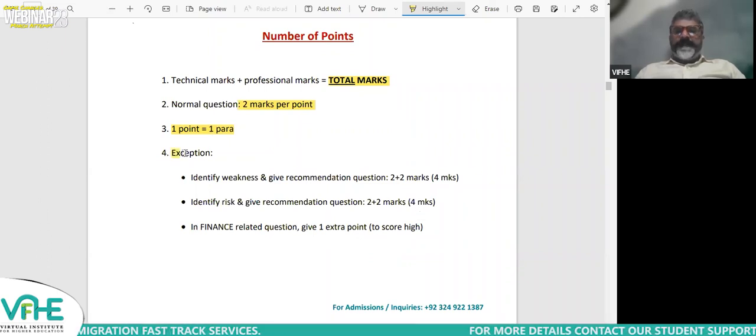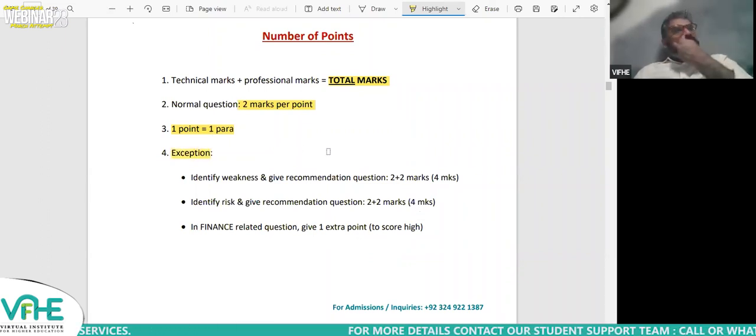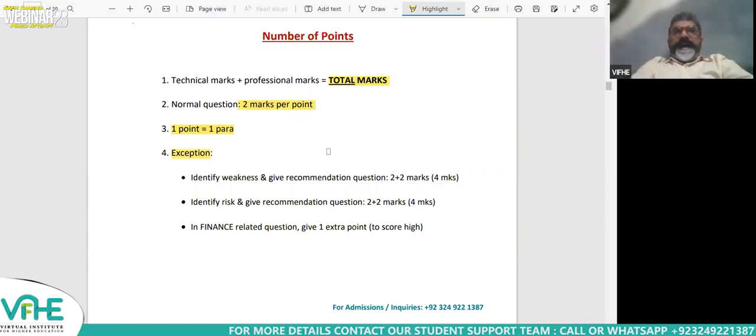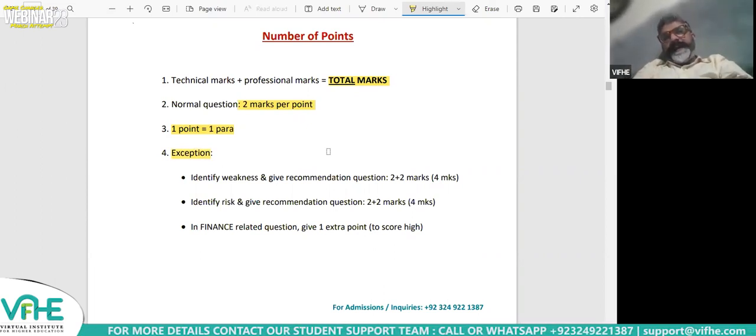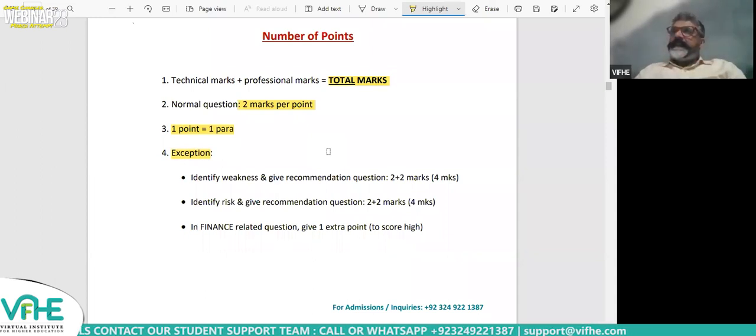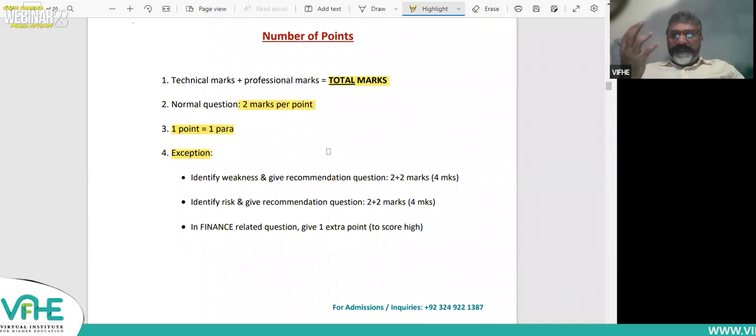Now there are a couple of exceptions. You remember yesterday's formats, when we were discussing the formats, I had said that there's one type of question in which you identify the weakness and give a recommendation. Remember, we need a tabular format for it. So if you are supposed to identify a weakness and give a recommendation, these will be considered as 2 points, not 1 point. Is that clear?